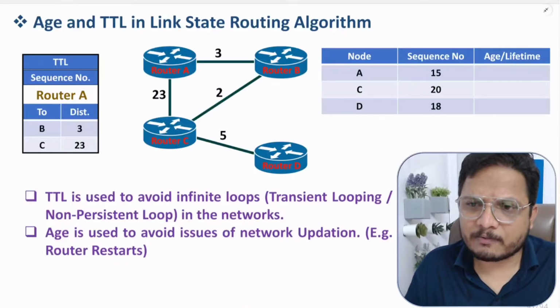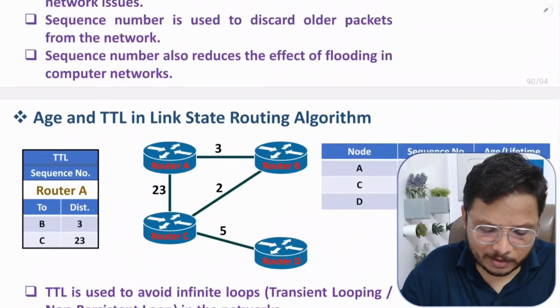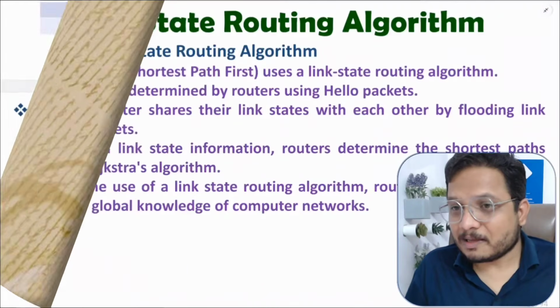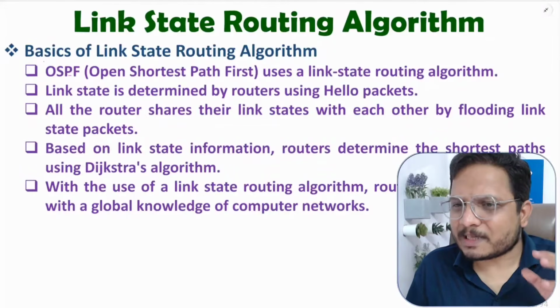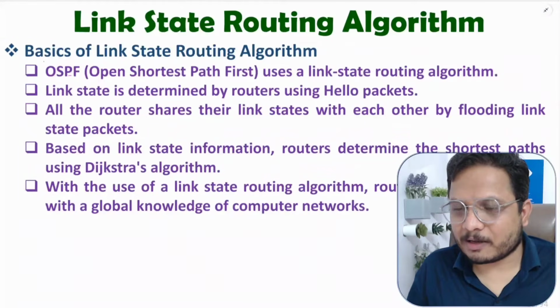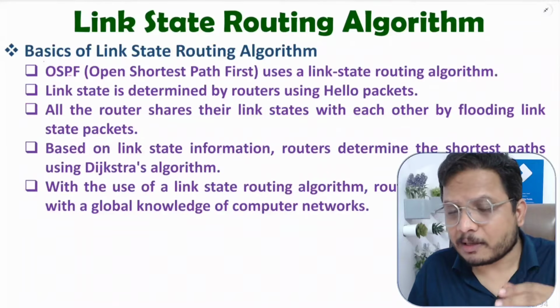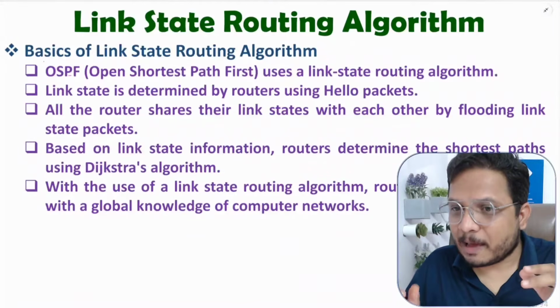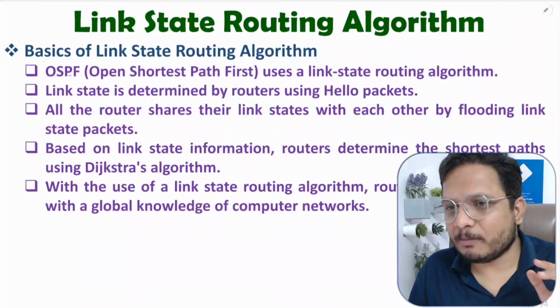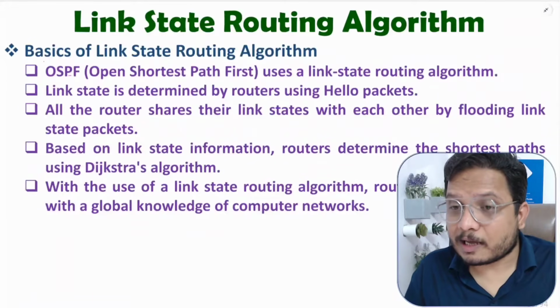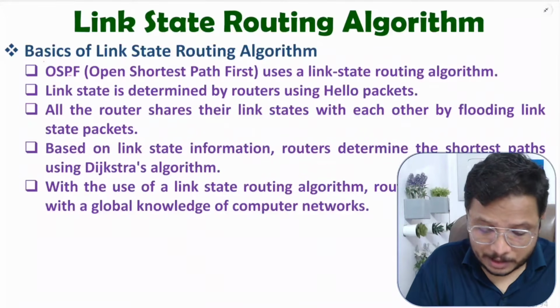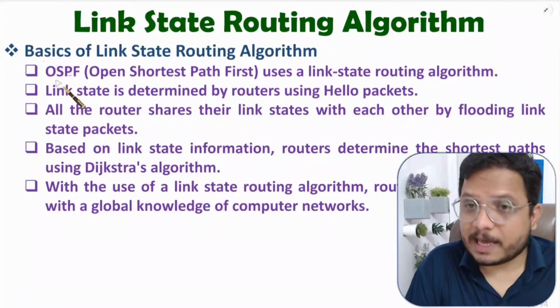So let us first try to understand the basics of the link state routing algorithm. The link state routing algorithm is broadly used in computer networks. You can say that in 2023 the majority of routing happens with the use of this algorithm. This algorithm is implemented using the OSPF protocol.